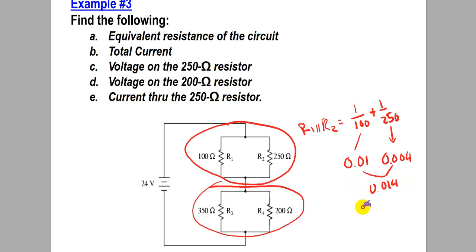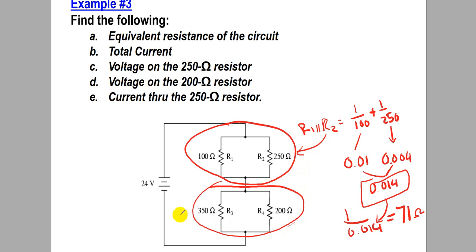If you use decimals, all you need to do in the next step is take 1 divided by that decimal. So 1 divided by 0.014 will give you about 71. About 71 ohms. So that's for R1 and R2.